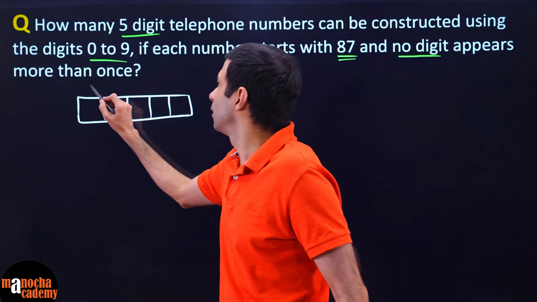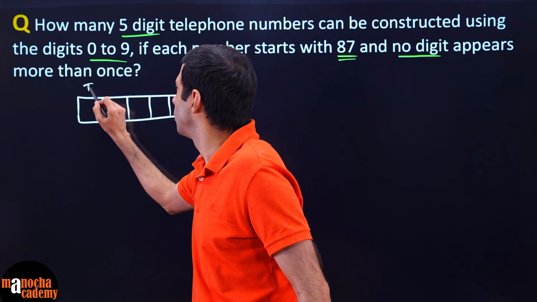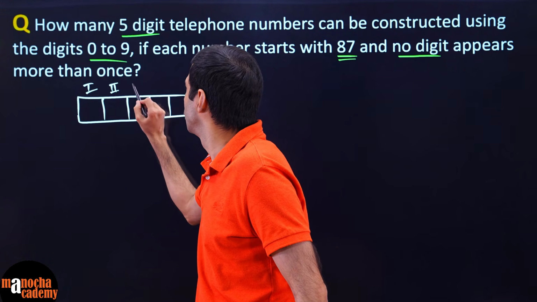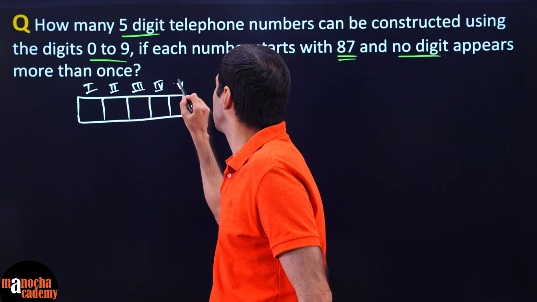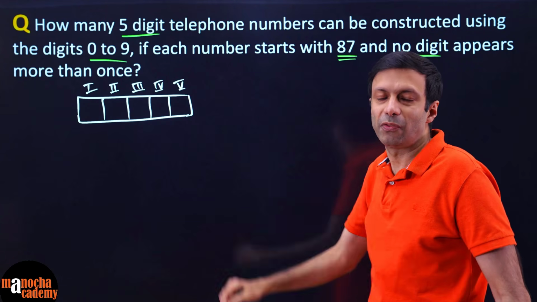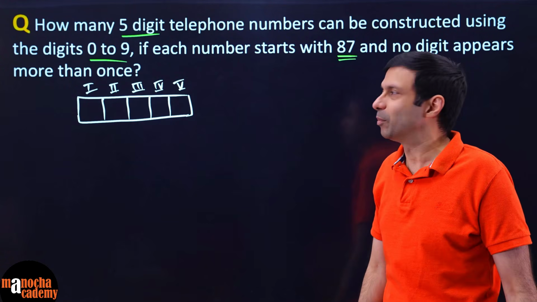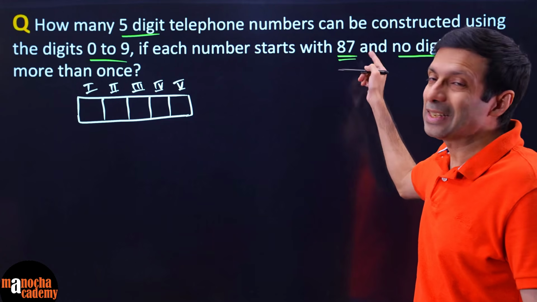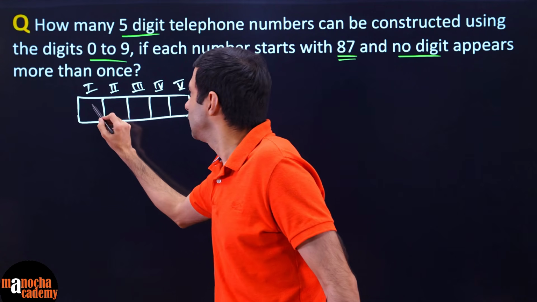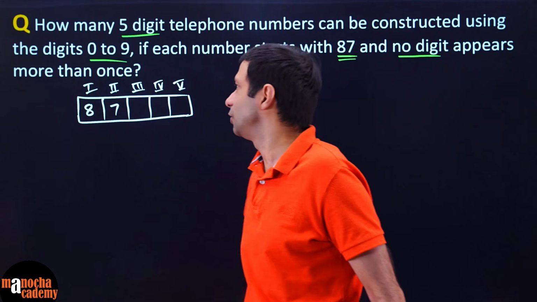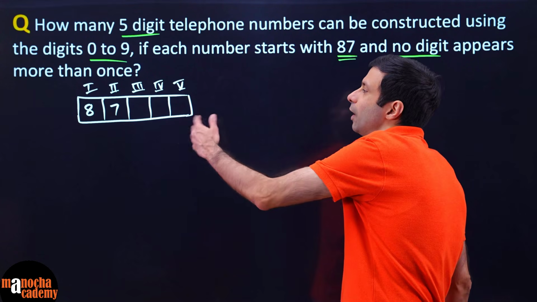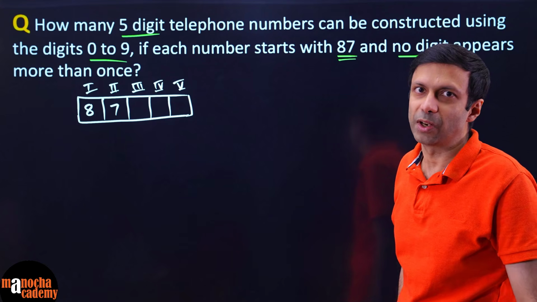Okay, and let me write down here, this is box number, or we can say digit number, I, II, III, IV, and V. See, I'm using Roman numerals so that it will not be confused with the normal numbers, right? And the number starts with 8, 7. So this is fixed: you have to put an 8 in the first digit and 7 in the second digit.